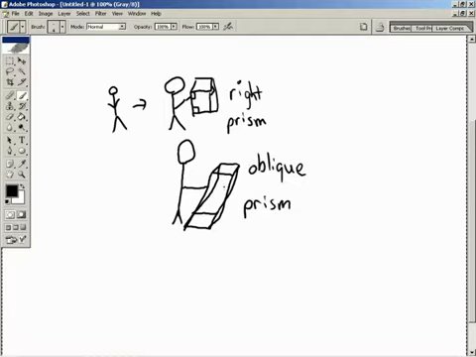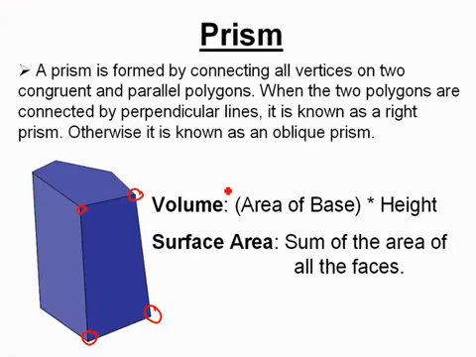So I'll just clear out this Photoshop and jump back to our PowerPoint slides. The volume of a prism is equal to the area of the base times the height, whereas the surface area of our prism is equal to the sum of the area of all the faces. So in this prism, to the bottom left, we're going to have 7 faces.